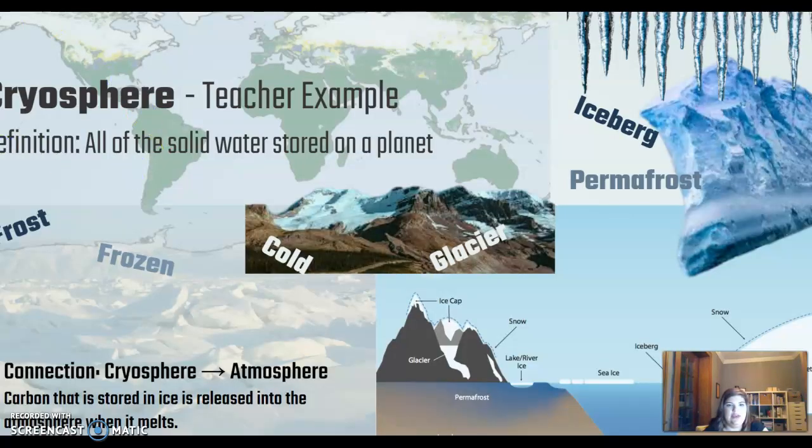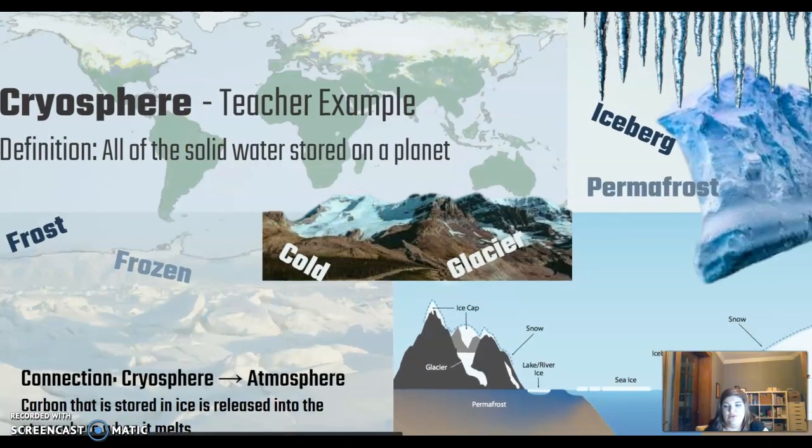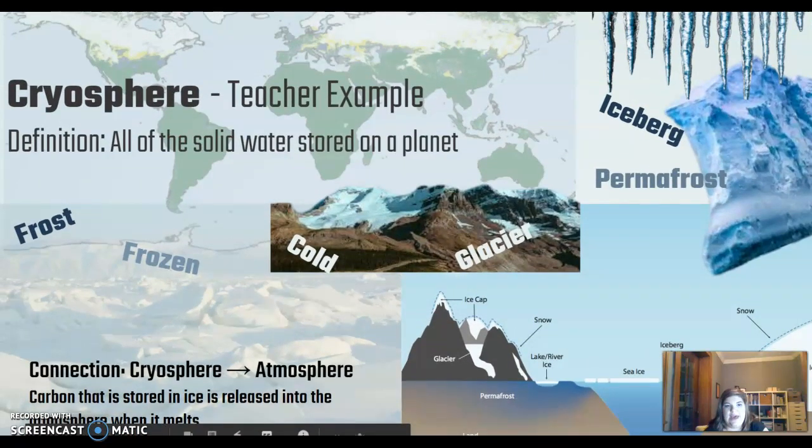Here is a teacher example of the cryosphere. And so for this, we see that we have different images overlapping in somewhat of a collage style. There are descriptive words that tell me about the cryosphere, and basically I get a good idea of what the cryosphere is just from glancing at this slide.